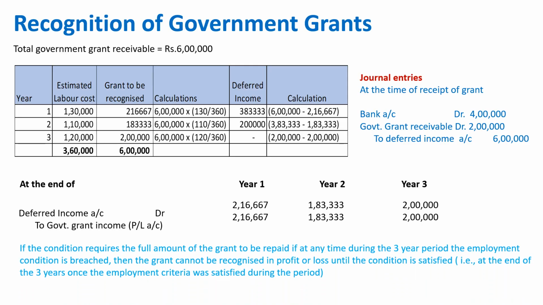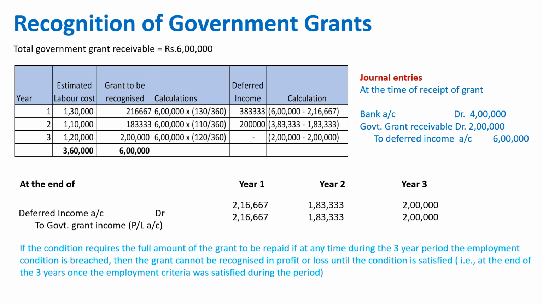If the condition requires the full amount of the grant to be repaid, you have to be very careful here. If there is a condition that if you fail to comply with the requirement which the government has defined, the grant is to be repaid, if at any time during the 3-year period of employment the condition is breached, then the grant can't be recognized in the profit and loss until the condition is satisfied.